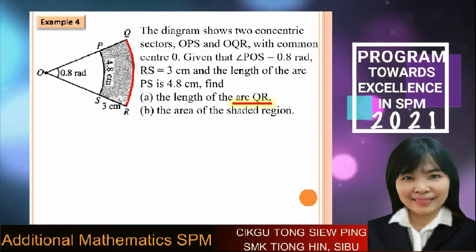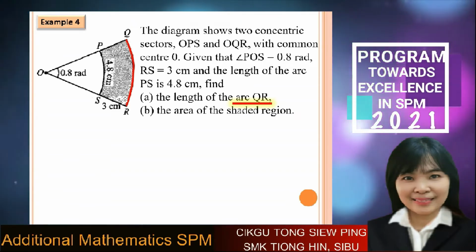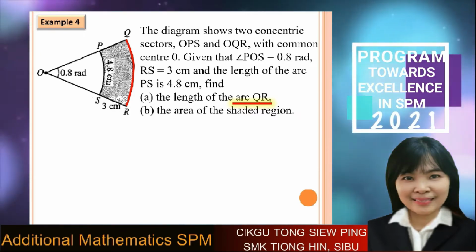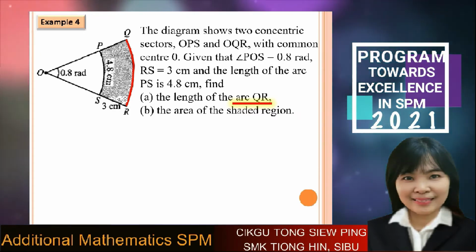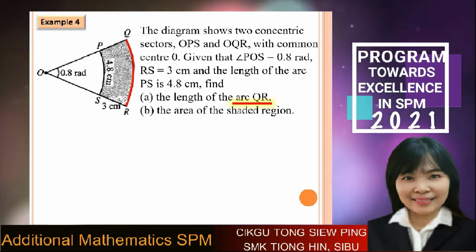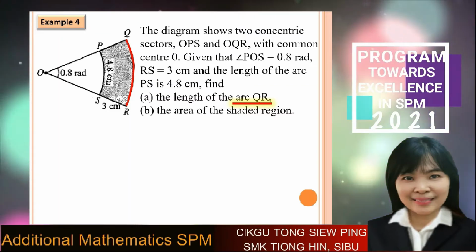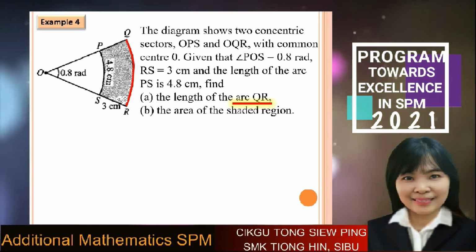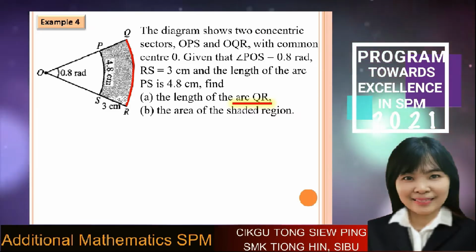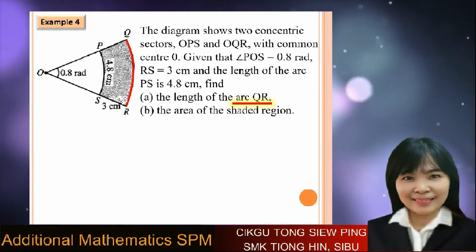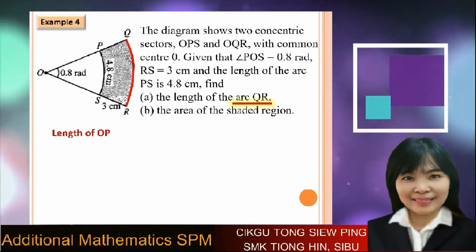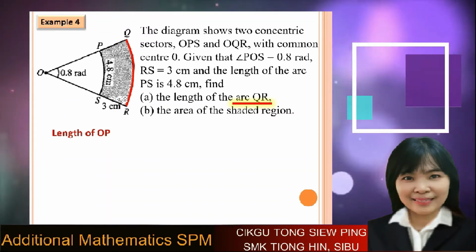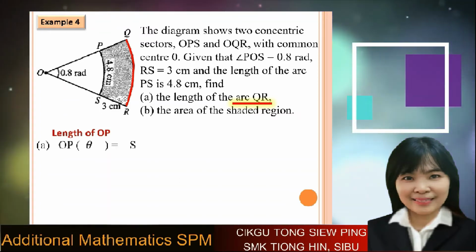To find the length of the arc QR, we need to know the radius, that is OQ, but it is not given in the question, so we need to find it first. OQ is equal to OP plus PQ. Let us find the OP. Length of OP is given by S equal to R theta.